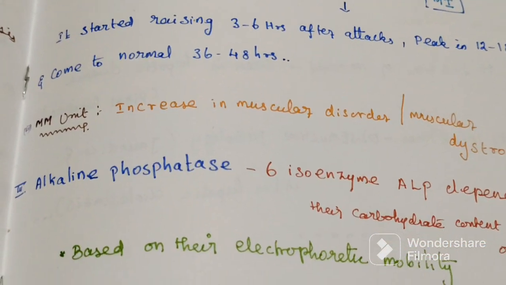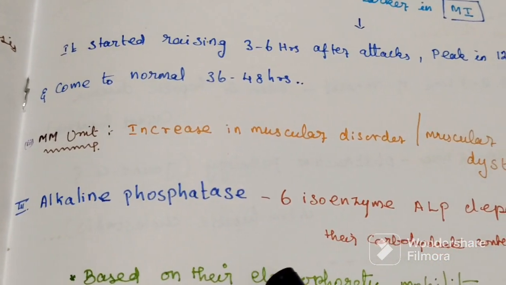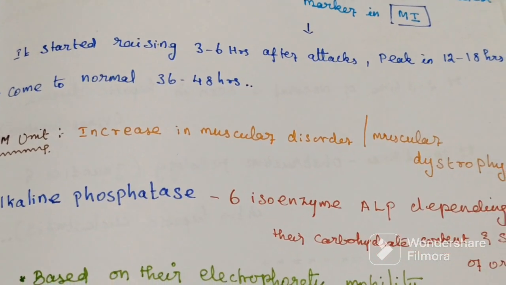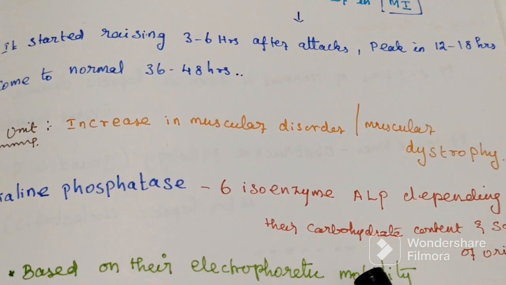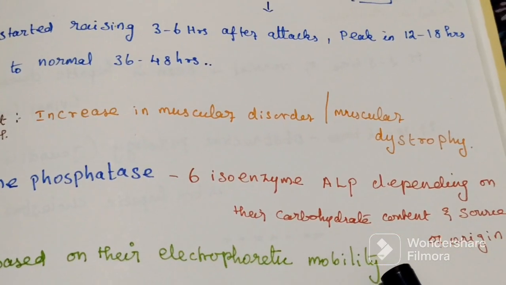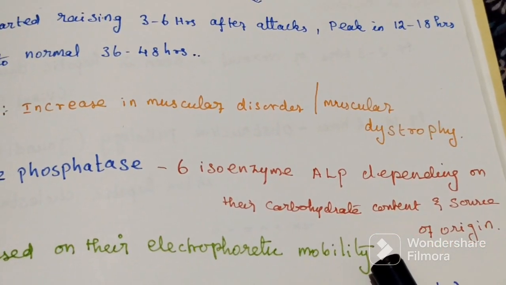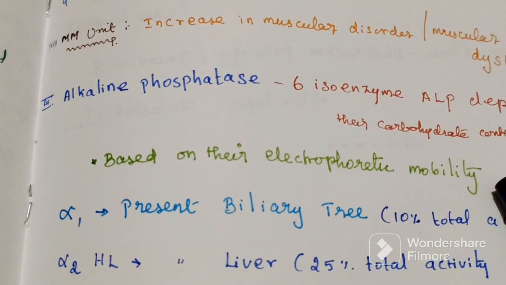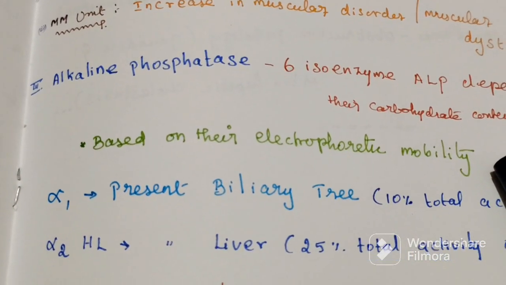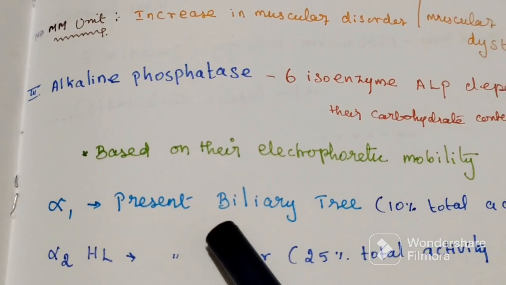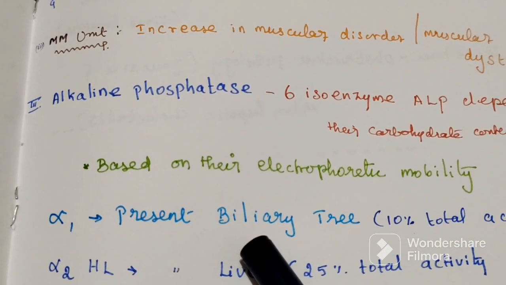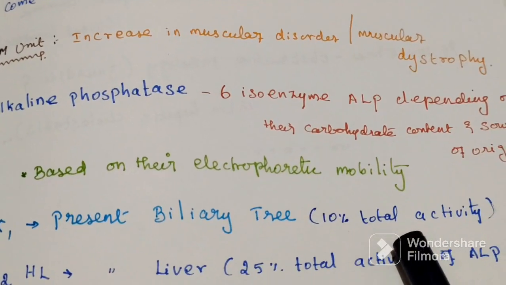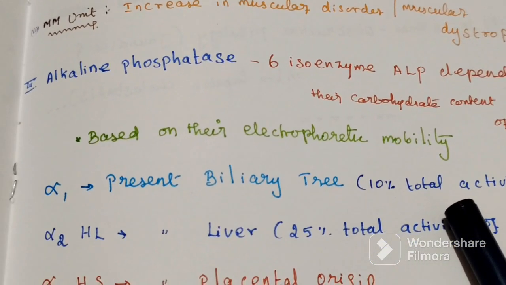Coming to the third enzyme, alkaline phosphatase. There are 6 isoenzymes of alkaline phosphatase depending upon their carbohydrate content and source of origin, based on electrophoretic mobility. First is alpha 1, present in the biliary tree, about 10% of total activity.